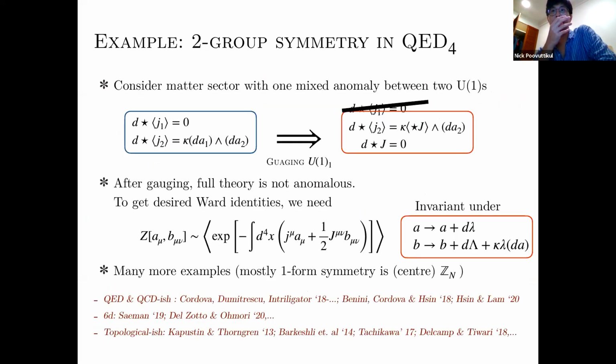The simplest system this could apply to is essentially QED in 4 dimensions with one mixed anomaly. For the U(1) cross U(1) anomaly, there are 4 anomaly terms that you can possibly write down.